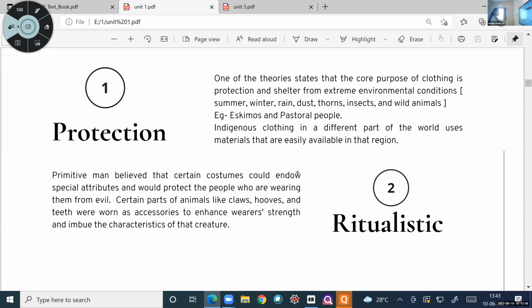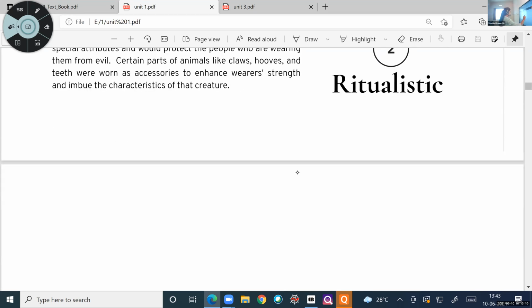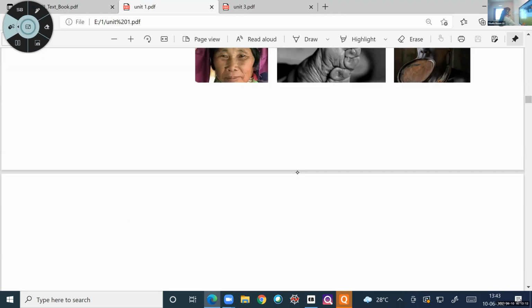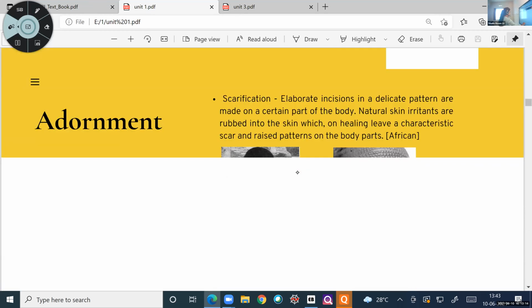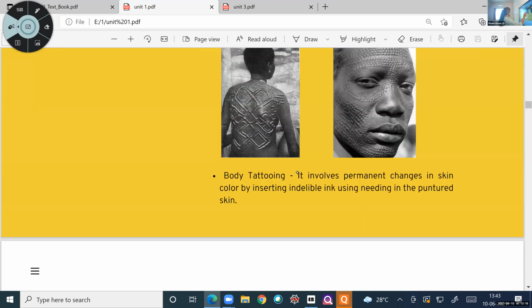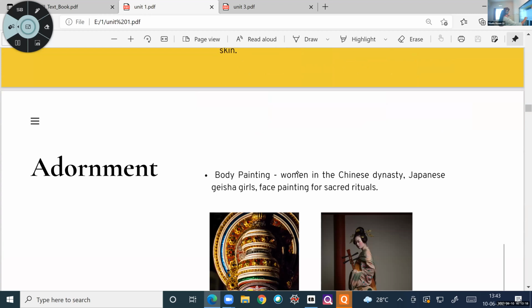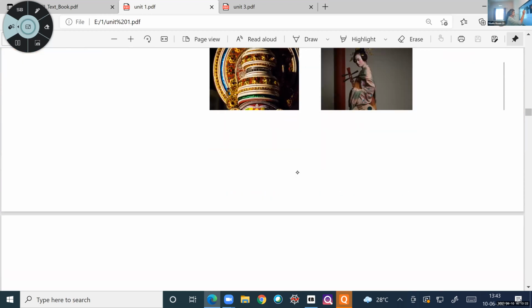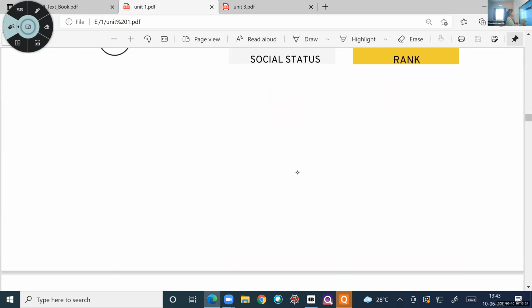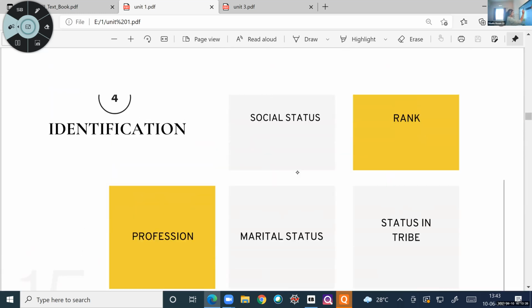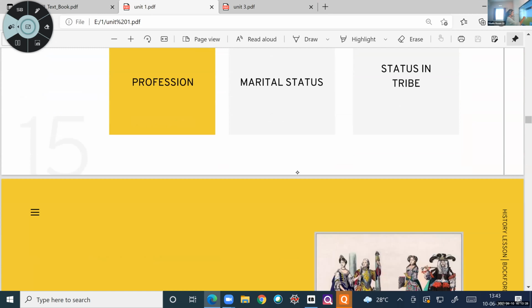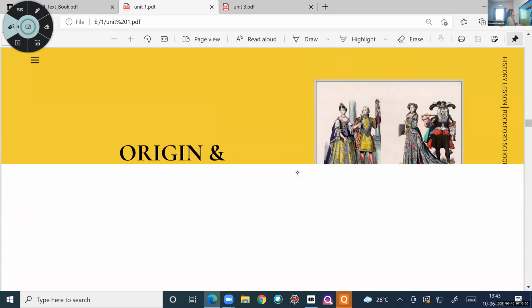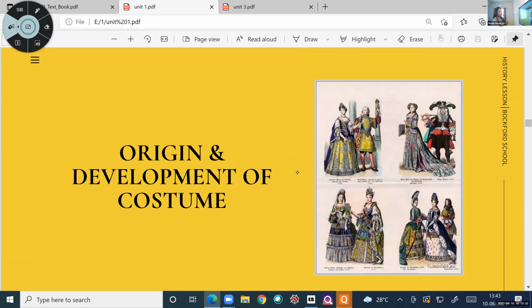Okay. So protection, ritualistic, that we discussed, right? So this is identification. How is identification done in Indian culture?